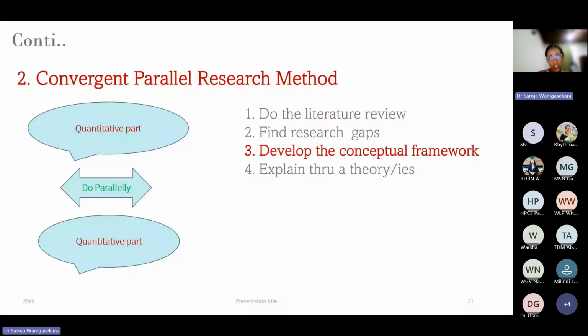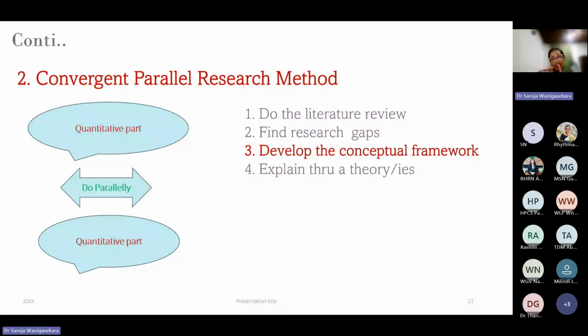And mixed methods are a little complex because we can't take a different theory at the end. If we do the number part first and use one theory at the beginning, let's take the resource-based view as an example. We will imagine that we take the resource-based view to explain the conceptual framework, right? And at the end of the research, after finding the qualitative data as well, we find a kind of similarity with the resource-based view.